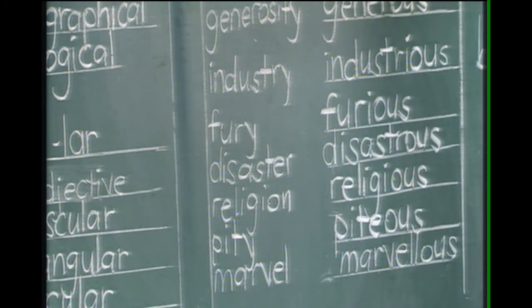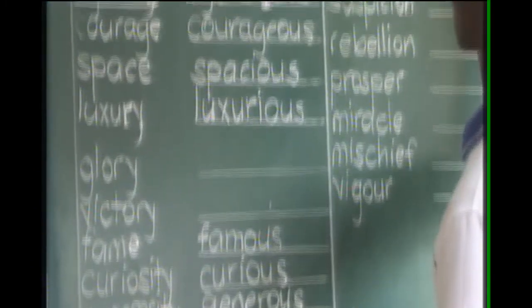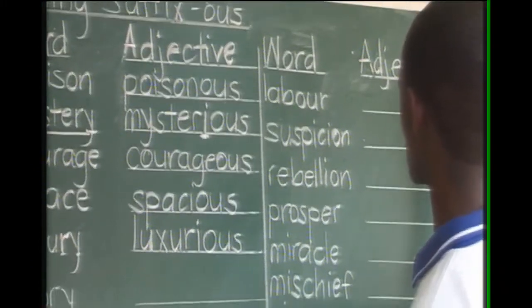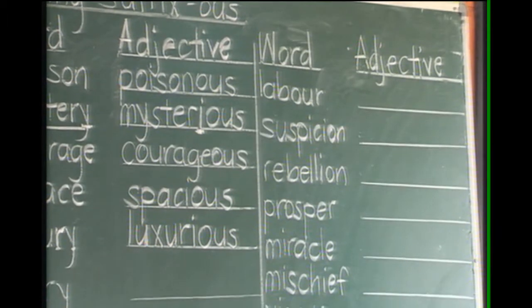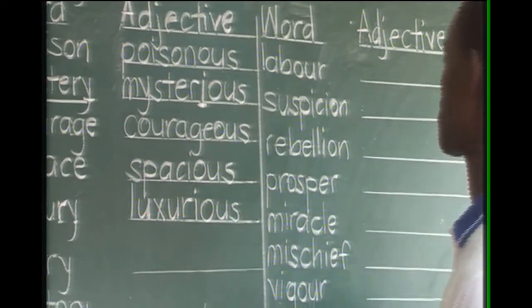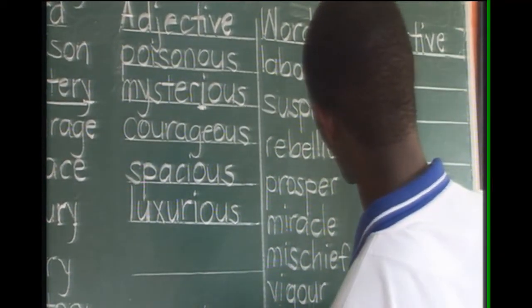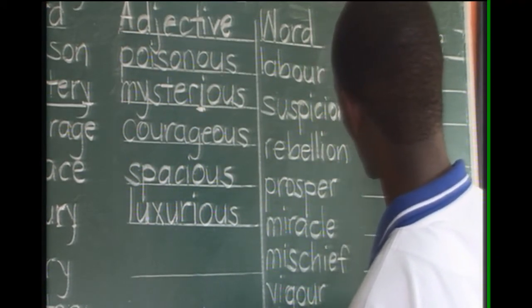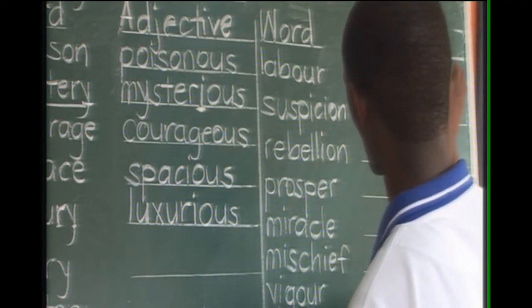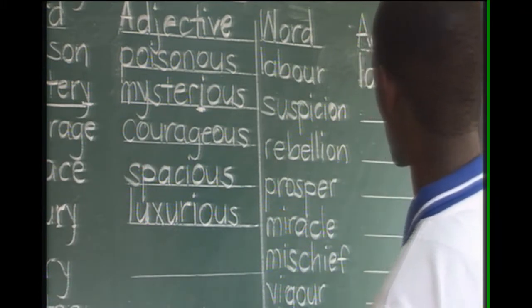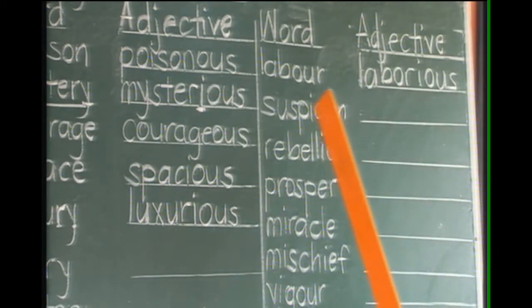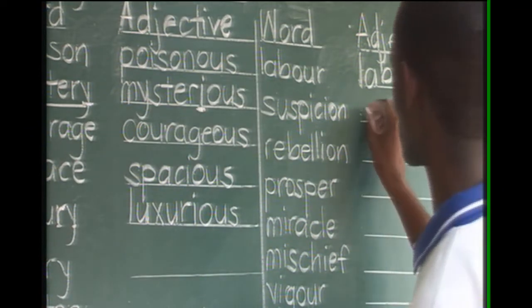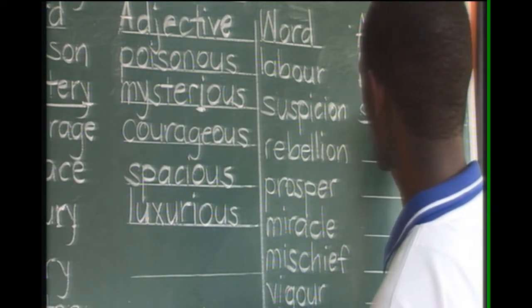You have the word and its adjective this side. Labor. In labor, we form the adjective as laborious. Next is suspicion, which changes to suspicious.